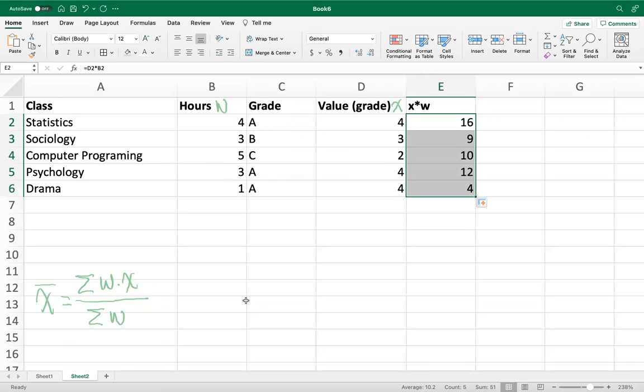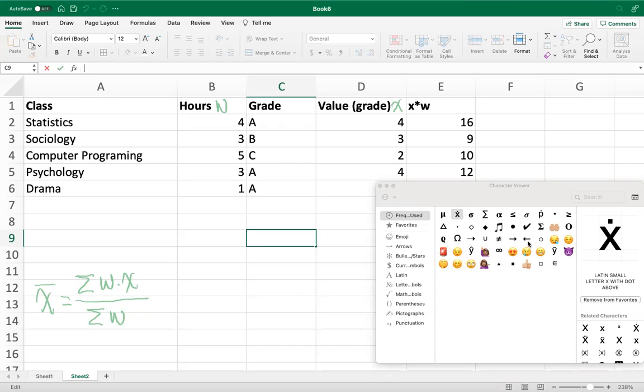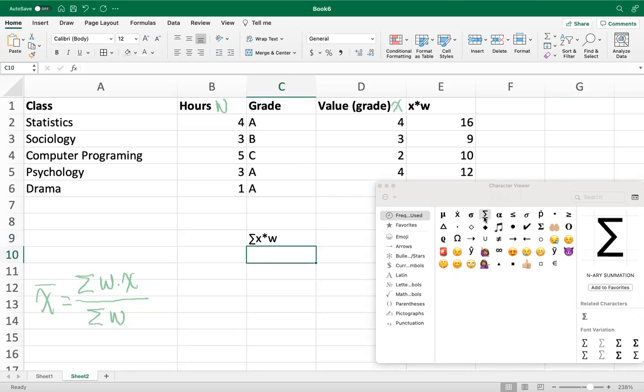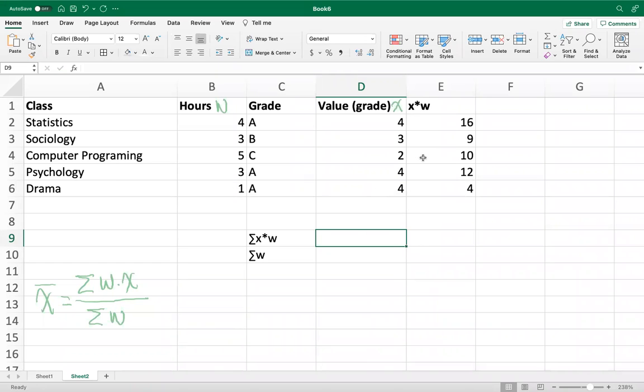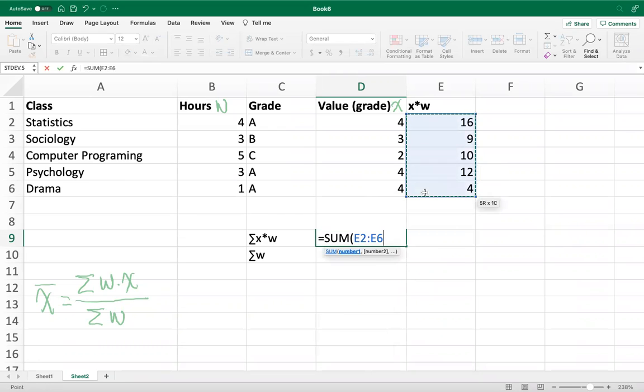Next, we're going to find the sum of the products, the sum of X times W, and we're also going to look for the sum of the weights.